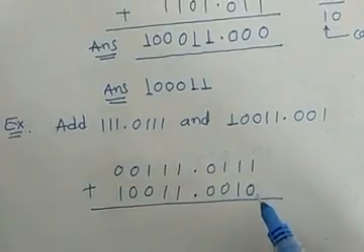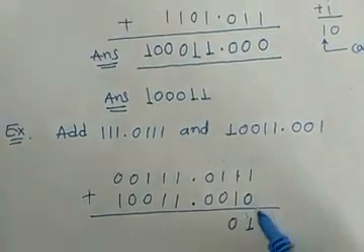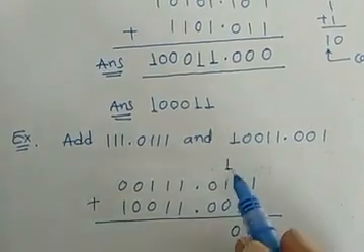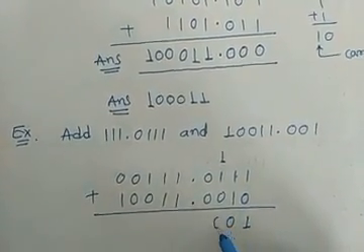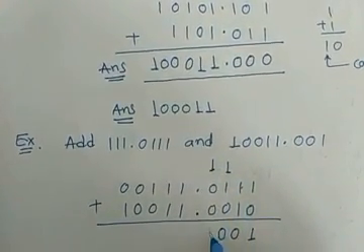1 plus 0 is 1. 1 plus 1 is again 10. So we write here 0. Carry is 1. So 1 plus 1 is again 10. We write here 0. Carry is 1. 1 plus 0 is 1.